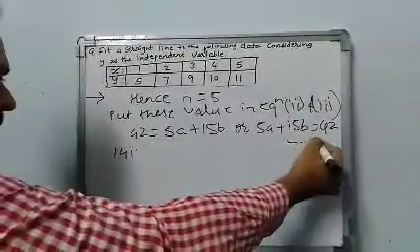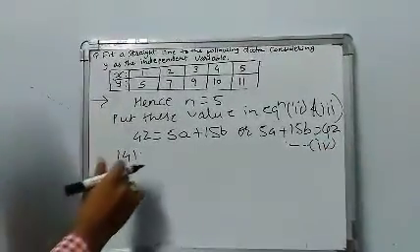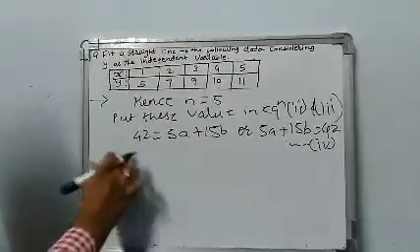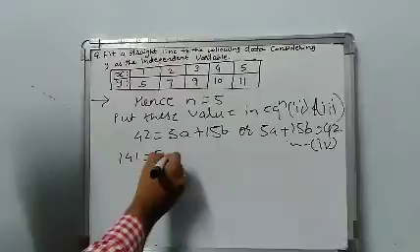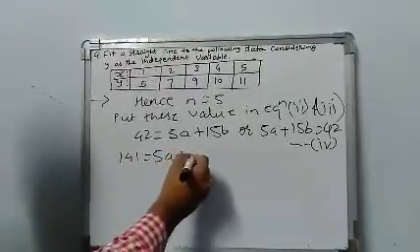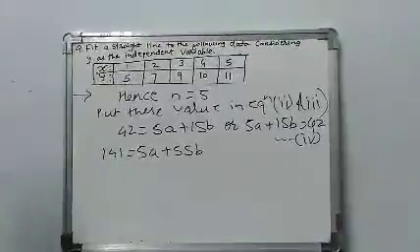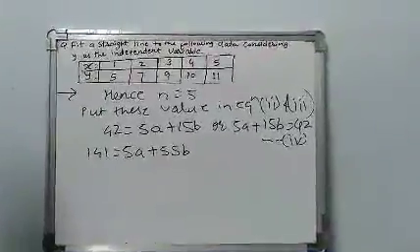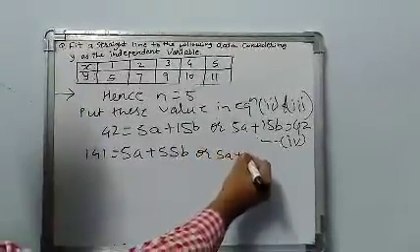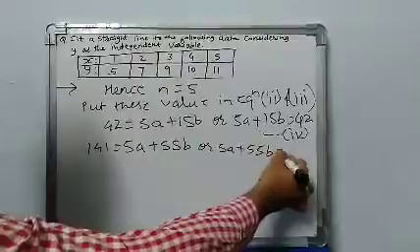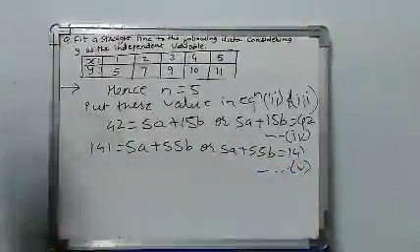We'll rename this as equation 4. The second one, 141 equals 5a plus 55b, or 5a plus 55b equals 141, and I am renaming this as equation 5.